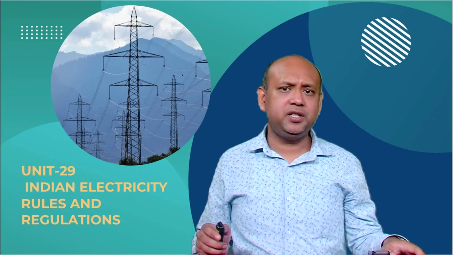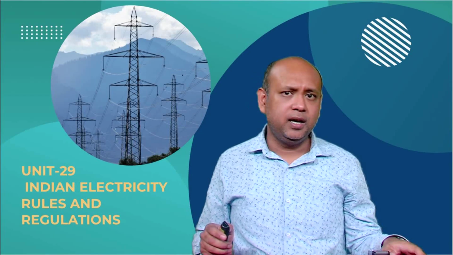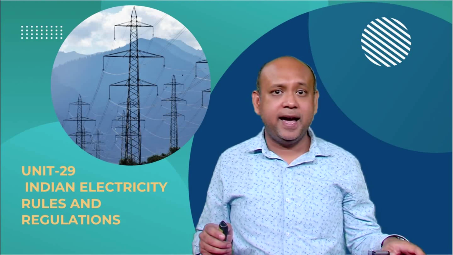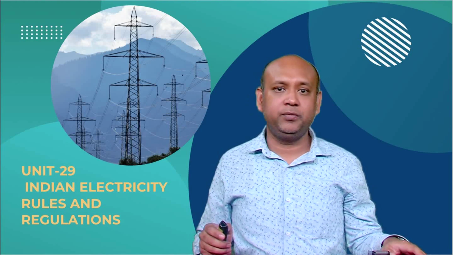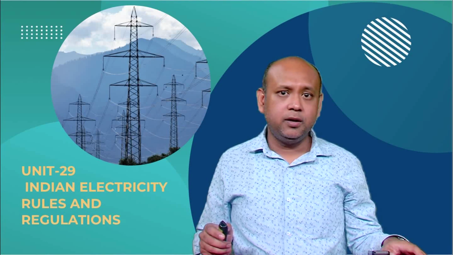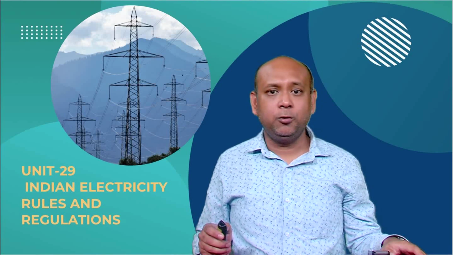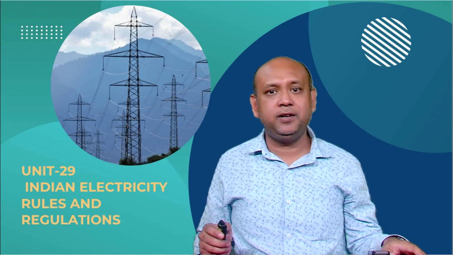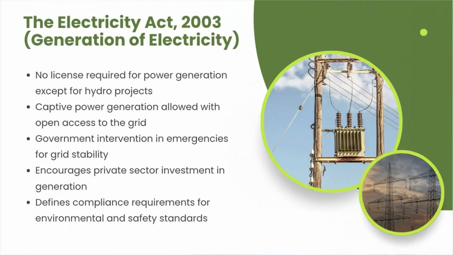As per the Electricity Act of 2003, electricity generation has been significantly reformed. The Act promotes freedom in power generation while ensuring safety and reliability. No license is required for power generation. The only exception is hydropower projects. Captive power generation is allowed, so industries can generate electricity for their own use.